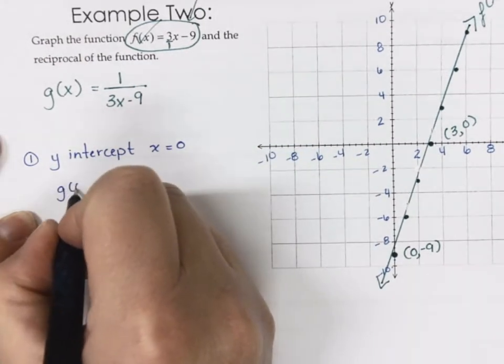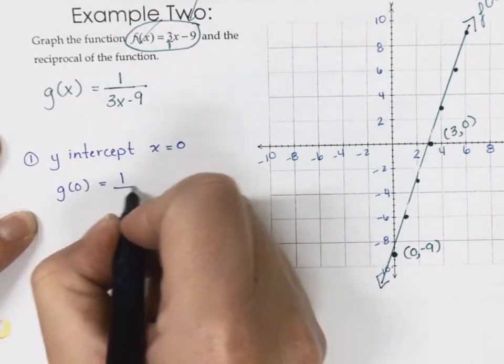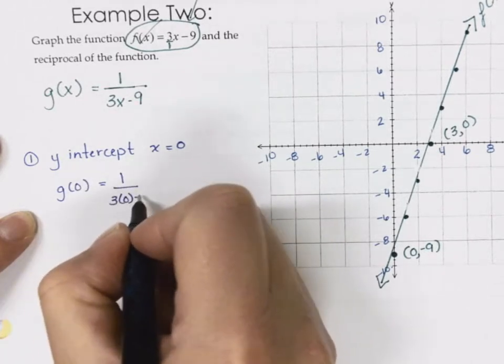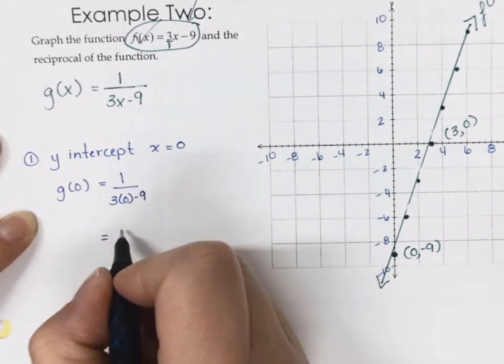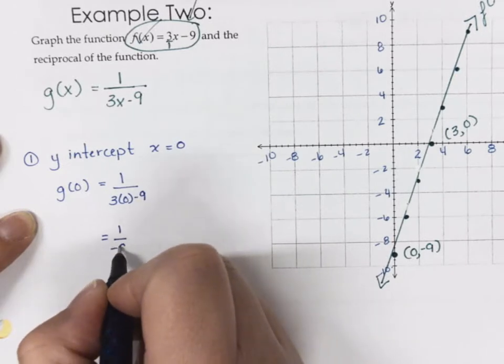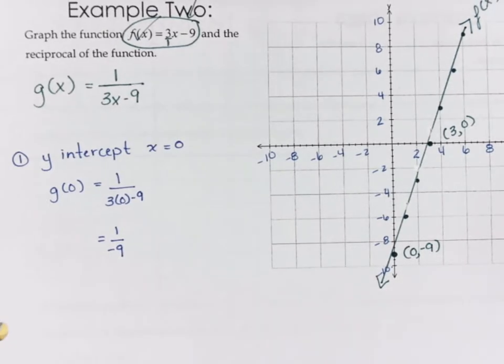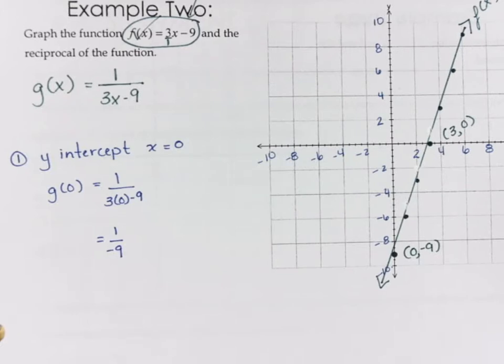So g of 0 is equal to 1 over 3 times 0 minus 9. So it should be 1 over -9. All right. So that's really close to 0, right? If we were to graph that point. Yeah, -1/9. Really close to 0.